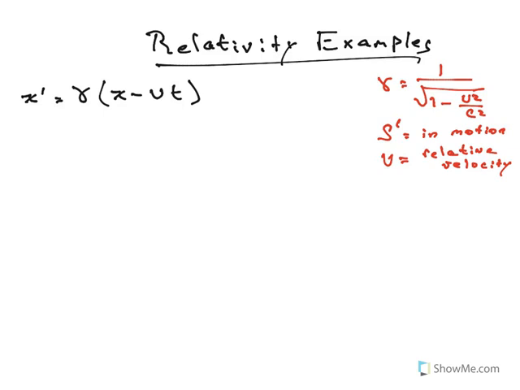So if questions were asked about times, how long does it take for such and such to happen according to you, you're looking for t. Whereas if you want to know how long the satellite would say it took, then you're looking for t prime. And u is the velocity of the satellite relative to you.